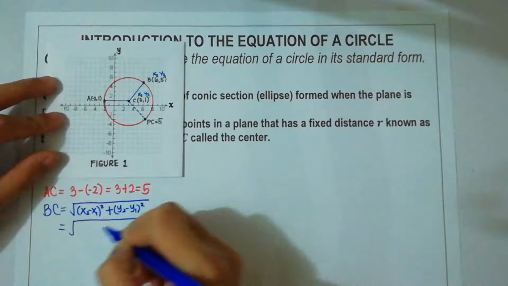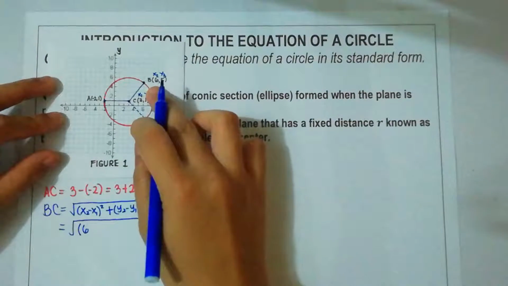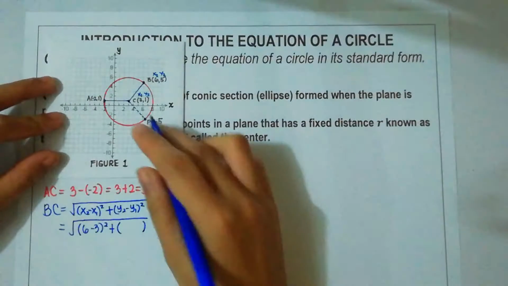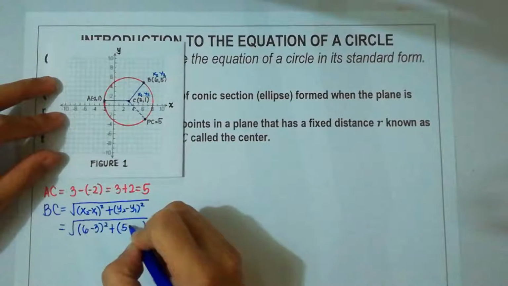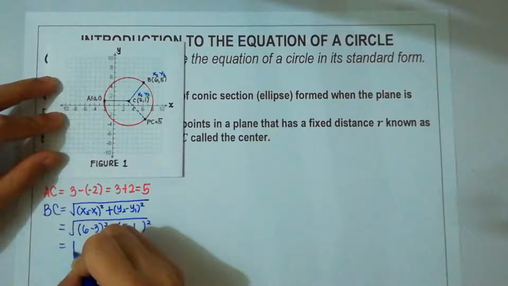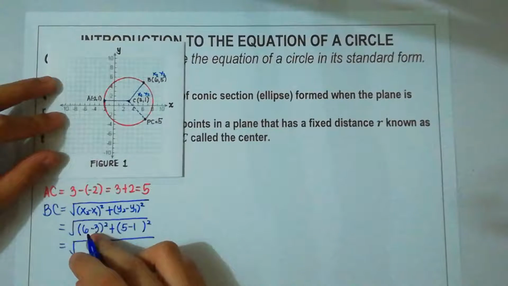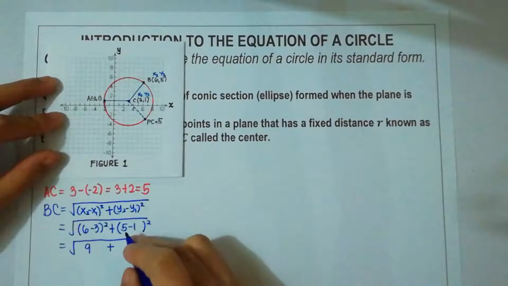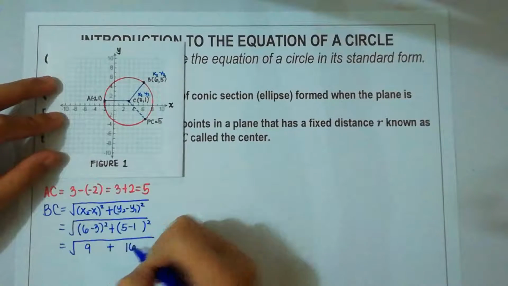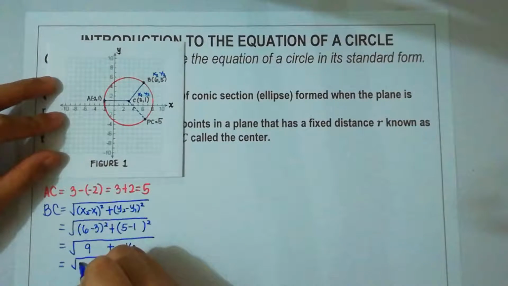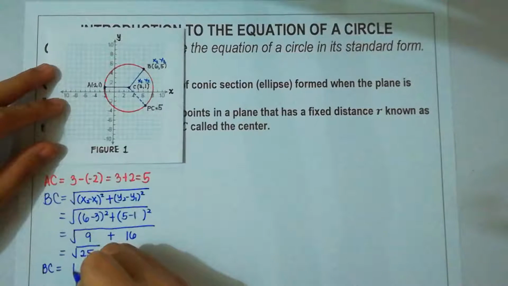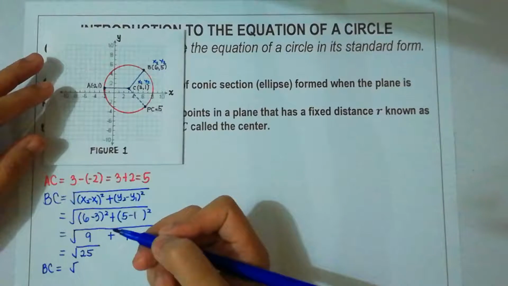We have the square root of (6 minus 3) squared plus (5 minus 1) squared. Since 6 minus 3 is 3, when squared it is 9, plus 5 minus 1 is 4, when squared it is 16. So we have the square root of 25. So the distance from point B to point C is equal to 5.